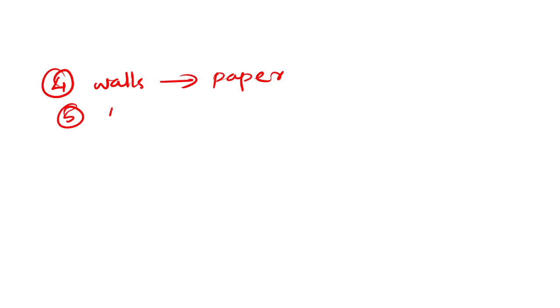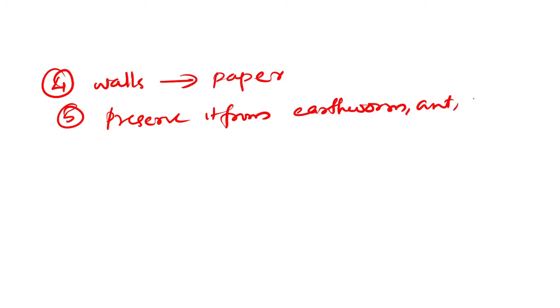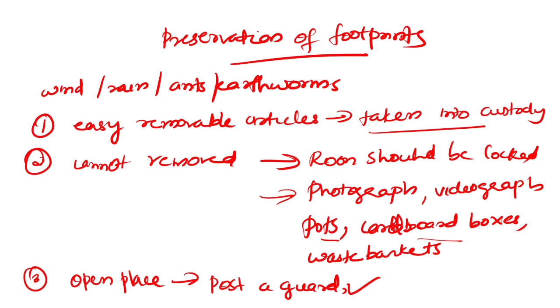So you have to preserve it from earthworm, ant, rain or wind. So these are the main things you have to look out for when you are preserving the footprints.